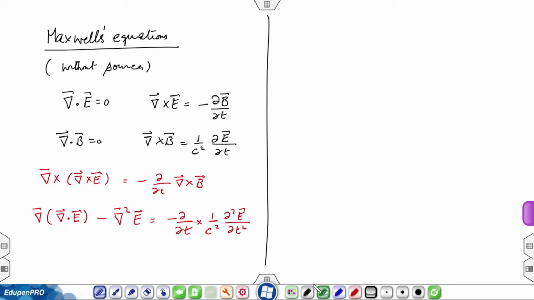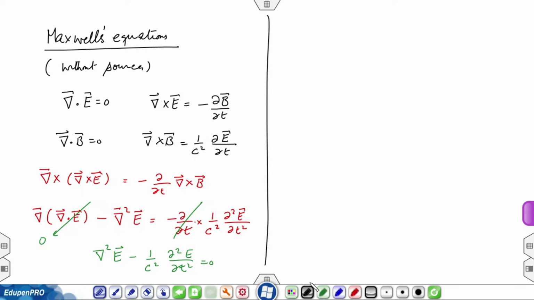Since divergence of E is 0, I get del square E minus 1 over c square d 2 E by dt square equals 0. I have this extra d by dt here.